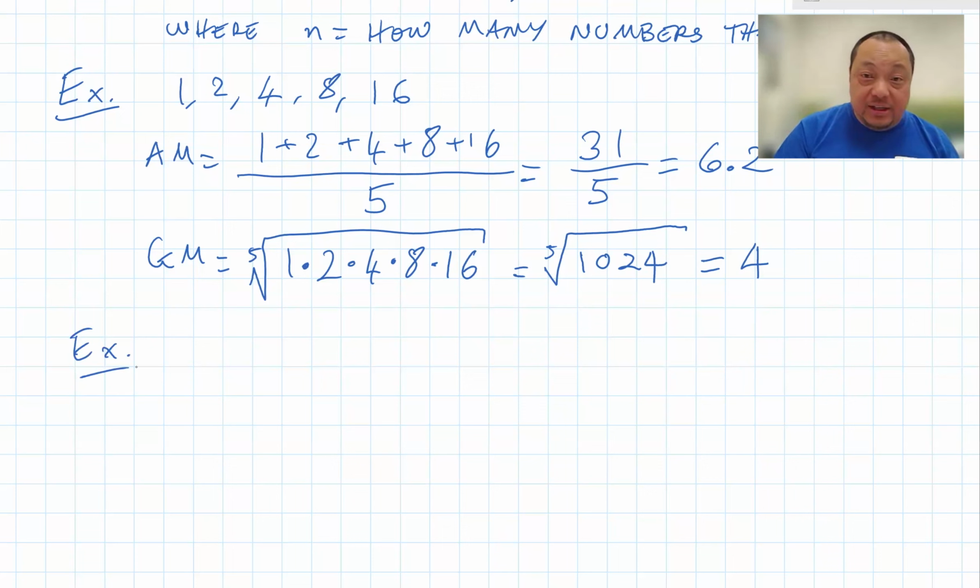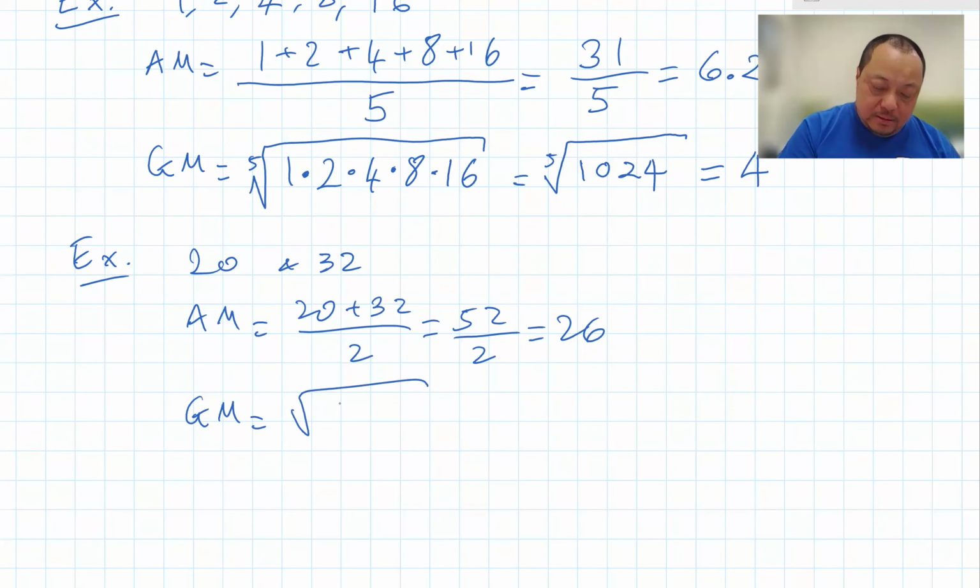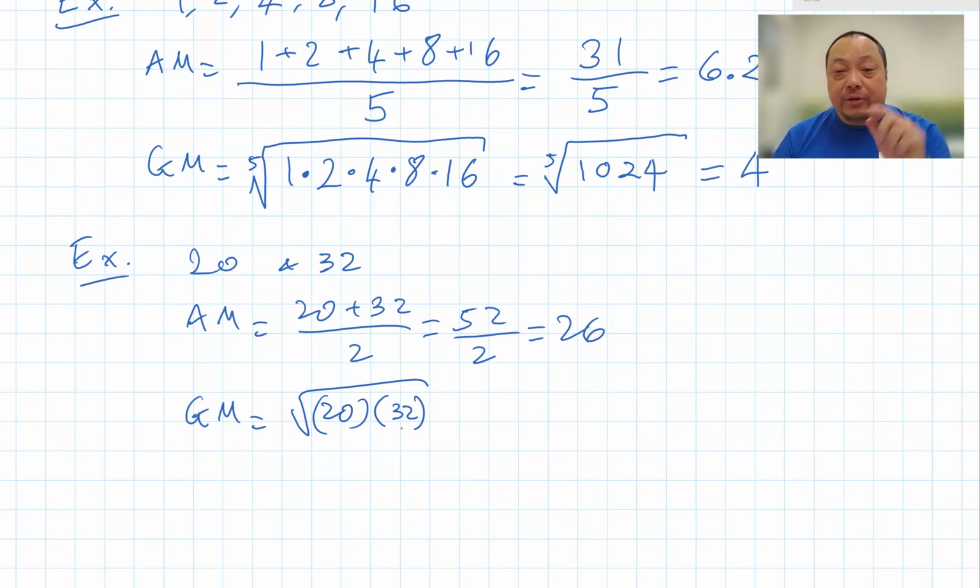Let's do another example with just two numbers, 20 and 32. Then the arithmetic mean is add them, divide by 2. 52 divided by 2 is 26. For geometric mean, I multiply the two numbers together and I take the second root, and the second root is the square root.